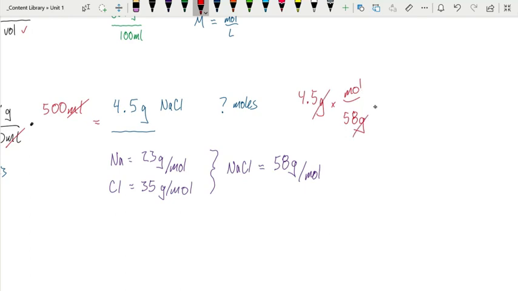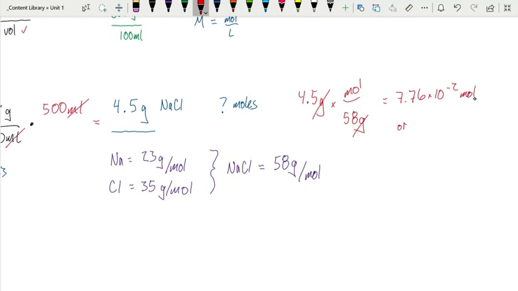It cancels out with grams on the bottom. And all I have to do now is my math, which is 4.5 divided by 58, and I get 7.76 times 10 to the negative 2, and that's going to be moles.